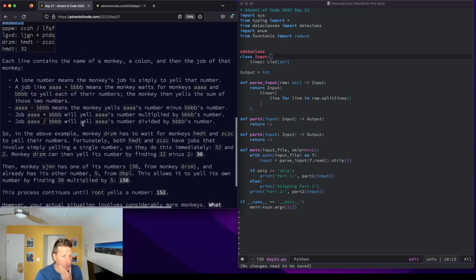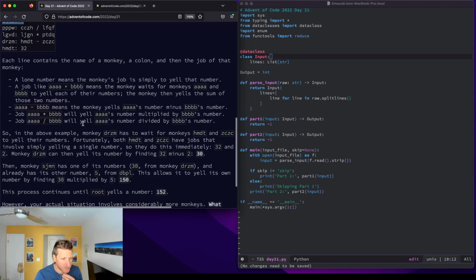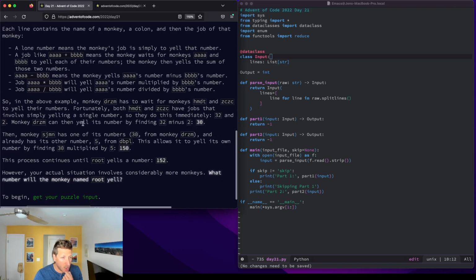And then so what do we have to determine? So we just need to know what number Root will yell. So we just need to calculate it. But I bet part 2 asks us to calculate when he says it.